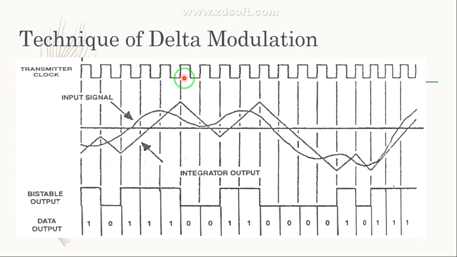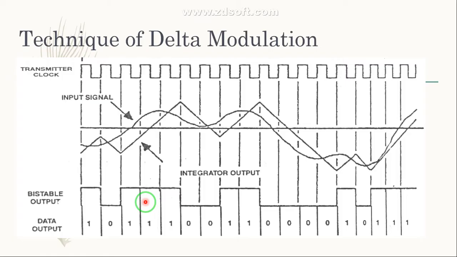This integrator output is an approximation of your analog input, which tries to catch this analog signal at each sample time. And then the data stream from this D flip-flop is nothing but your data output. That is the delta modulator output. So I hope you understood how the data output is being transmitted.